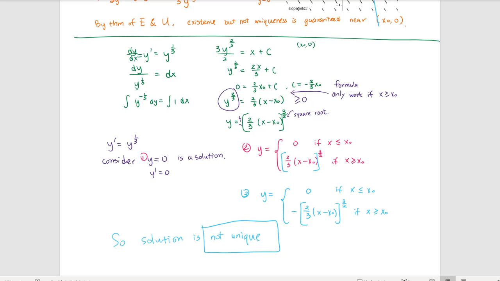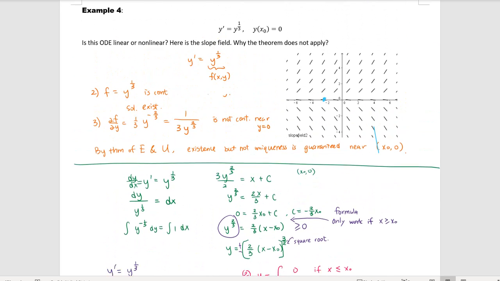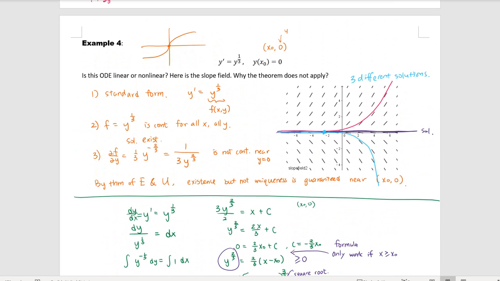Then we can say the solution is not unique. Okay, everyone? You know the differences? The theorem of existence and uniqueness only tells us whether we guarantee the solution exists or is unique. But when it does not exist or when it's not unique, we cannot say by the theorem. We have to go deeper into the differential equations and figure that out. Okay?